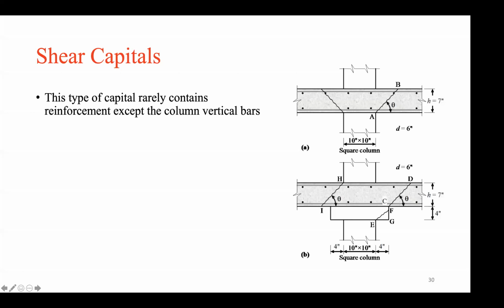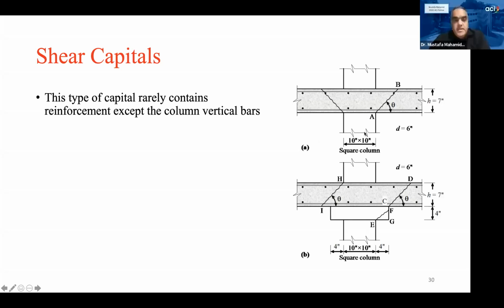Okay, good. So here this shows the type of capital that could be used and how the distribution of the cracks may happen. This is based on tests. If we have a column supporting the slab, the cracks could happen diagonally from the edge of the column at an angle of about 45 degrees.